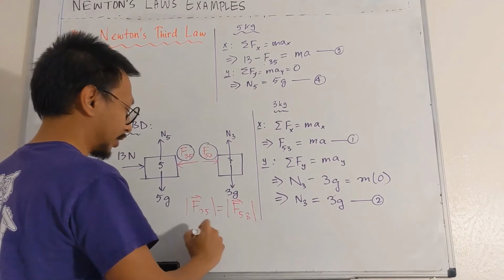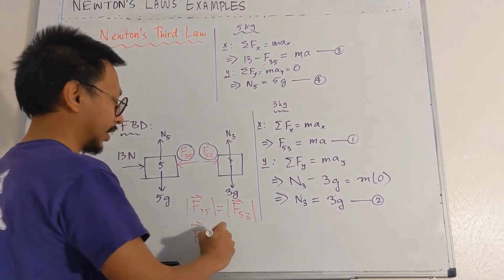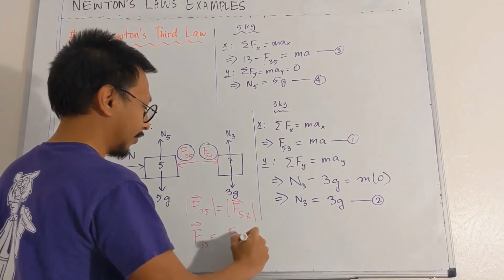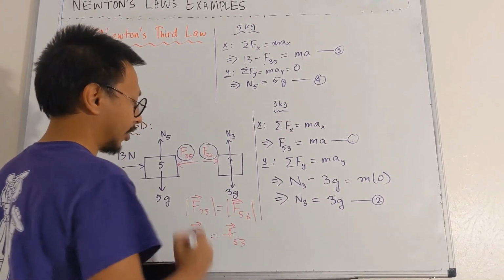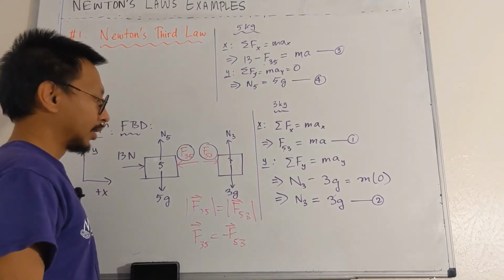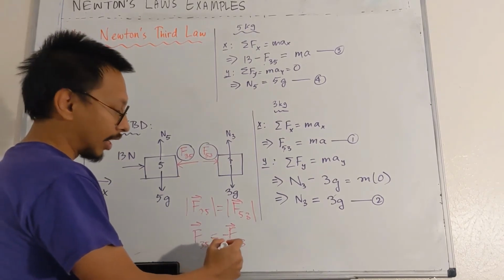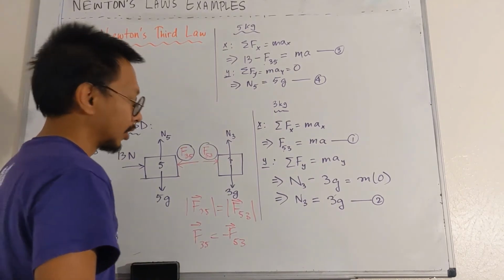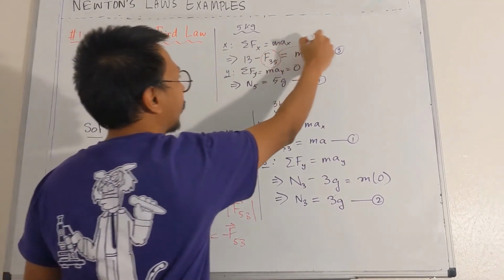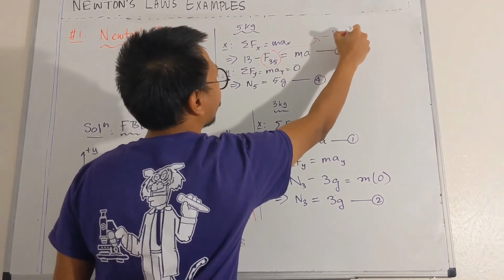So overall, we can say that the vector F35 is equal to the same size vector as F53, but in the opposite direction, denoted by this negative sign. So anywhere you see F35, you can replace it with negative F53.